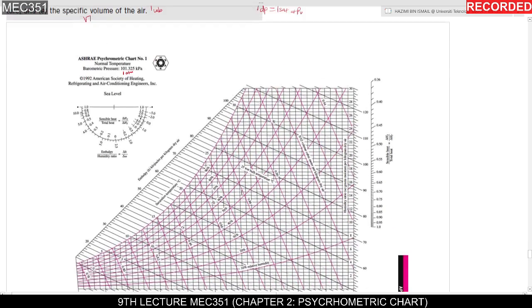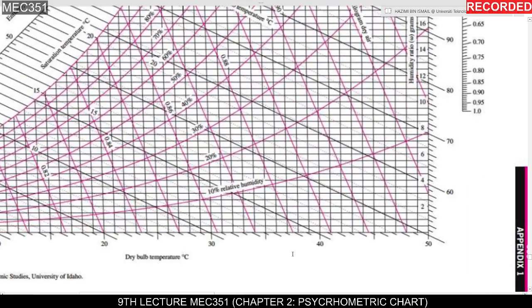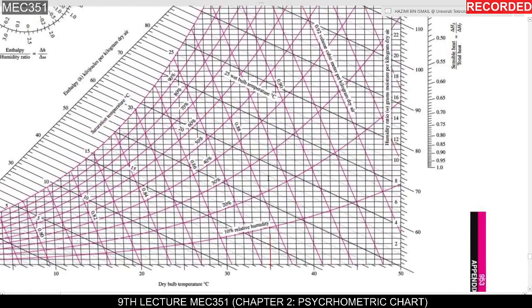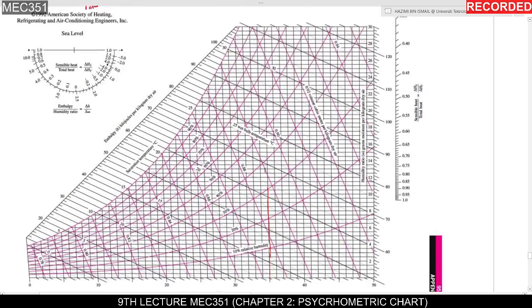So by using those two values, you find where the 35 degree line is. So this is 30, this is 40, so this line is 35 degrees. You can use your ruler, just make it a line until you reach our second value.